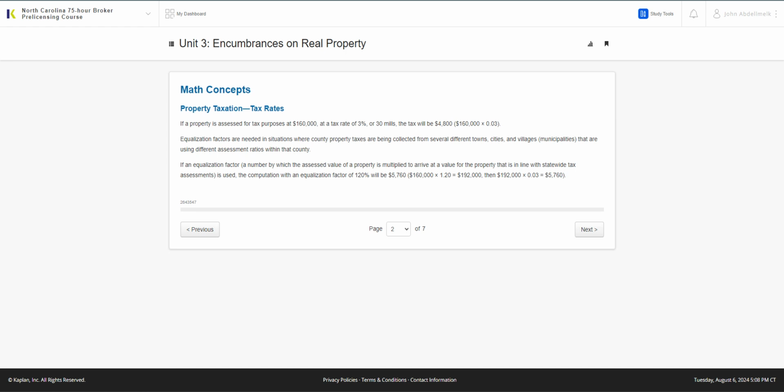If they're like, oh, we need 120%, it will be 5,760. 120% will be 5,760. Oh, so they need 5,760 from that. So they need to get to whatever the number may be.